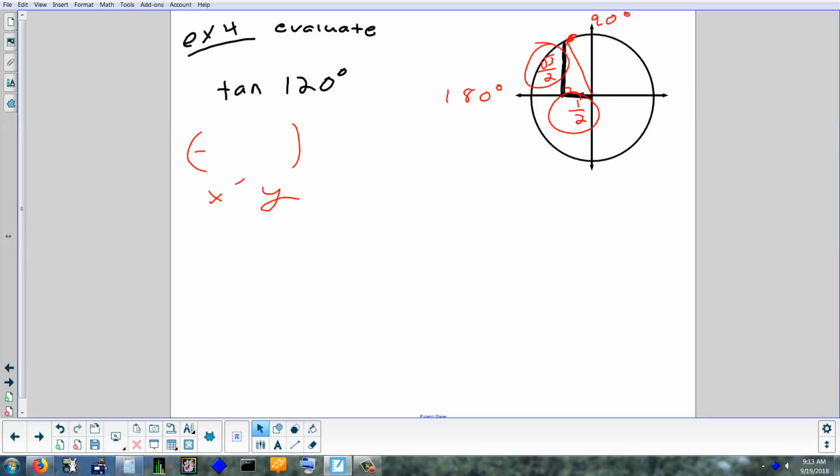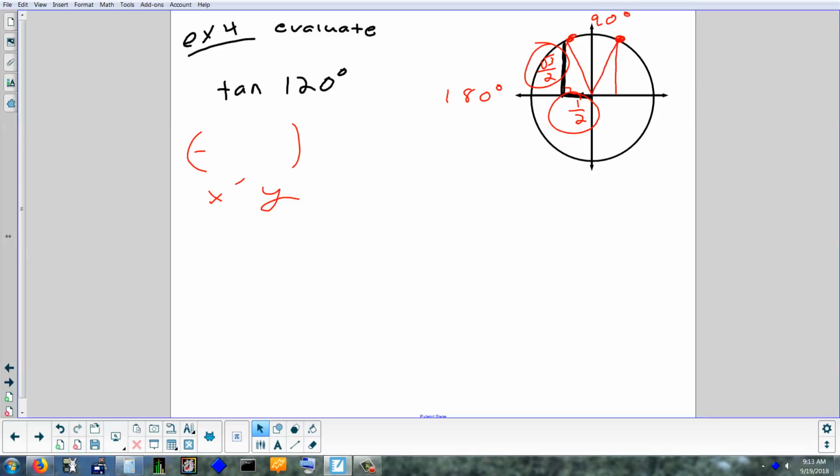Well, this is 120. When you have 60, you're over here. It's a mirror image of that triangle. That's 60 right there. Yeah, but I was just thinking it was the same. It is the same as the 60, but the 60 has the 1/2 first. Yeah, that's what I meant. So it's the same as the 60, it's just a mirror image.